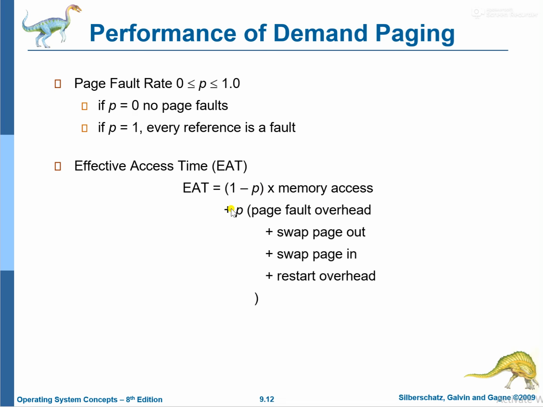And P means the page is not present in the main memory, so we have to go for the page fault overhead, that is the time taken by the operating system to check whether this memory reference is valid or not, then swap one page out, swap the page in, and then restart overhead. So all these things will add some time.